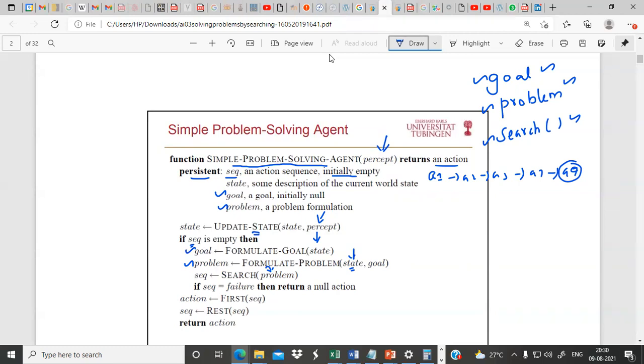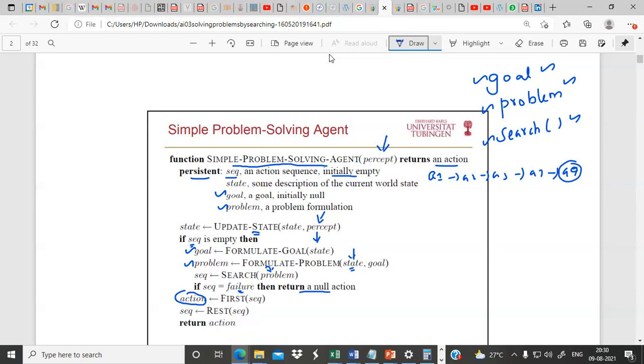So finally, if the sequence is equal to failure, so the search algorithm may either return success or failure. If it is failure, then return null action. That is, we are unable to solve the problem. Otherwise, if it is returning success and some sequence, then in that sequence, whatever the first entry is, that will go into action.